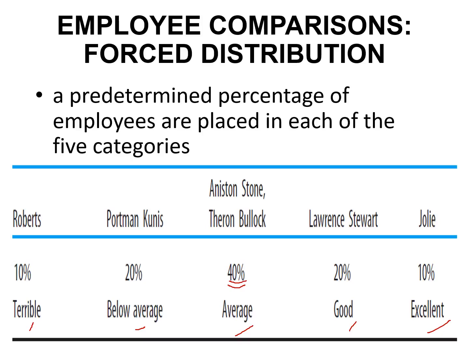Now, what's the weakness of this approach? The weakness of the forced distribution is, what if Lawrence is actually average, but you cannot put him there because it's already full? So, following the forced distribution technique, you need to put Lawrence in another category.